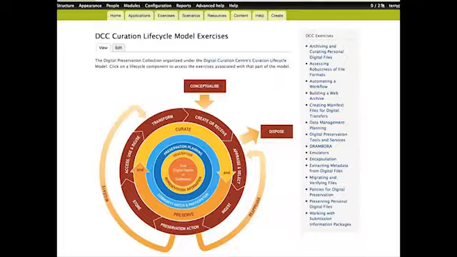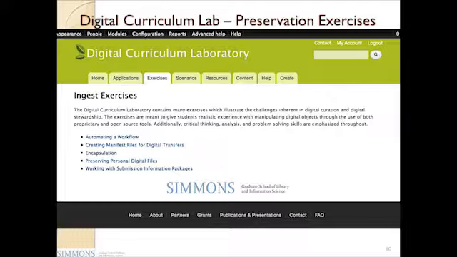And so this is the DCC model, the Digital Curation Centre Curation Lifecycle. So what we did is we mapped this thing. And if this is presented to the students, for example, if they chose ingest, they would have a series of exercises that are tied to ingesting data. And this could be e-science data, but right now it's more cultural heritage informatics data.